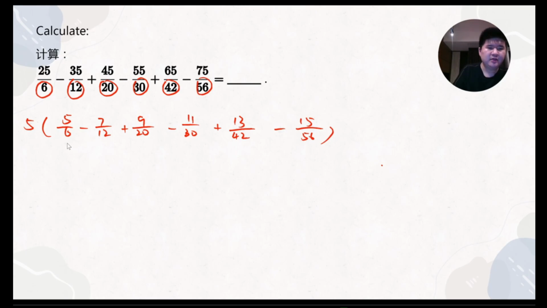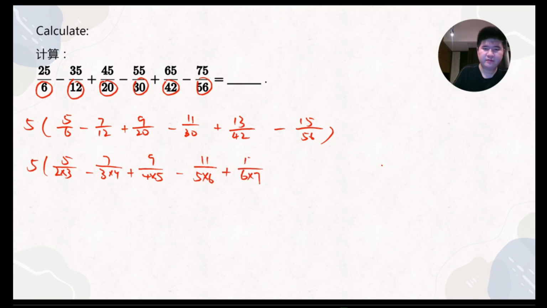And for the denominators, we just convert them again, becoming 2 times 3, 3 times 4, 4 times 5, 5 times 6, 6 times 7, 7 times 8.